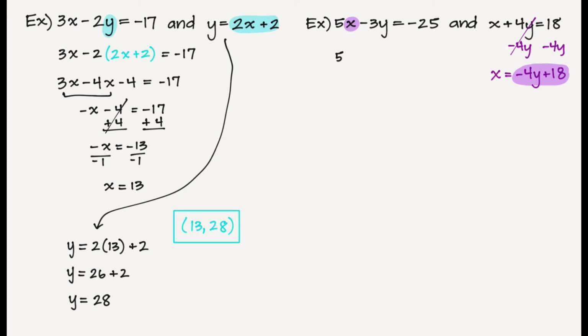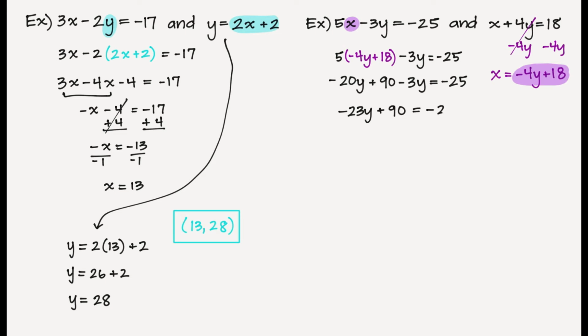So 5 times (negative 4y plus 18) minus 3y is equal to negative 25. I'll use my distribution, so that's negative 20y plus 90 minus 3y is equal to negative 25. When I combine the y's, I have negative 23y plus 90 is equal to negative 25.